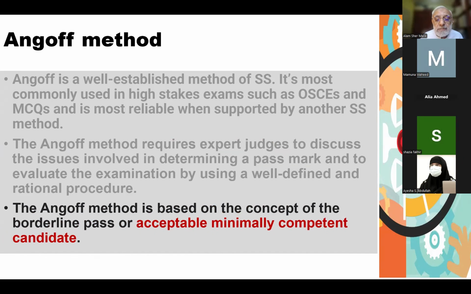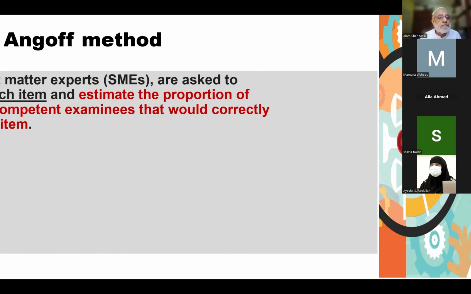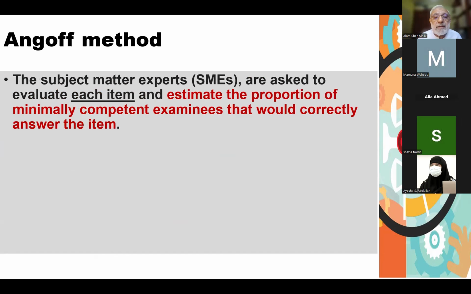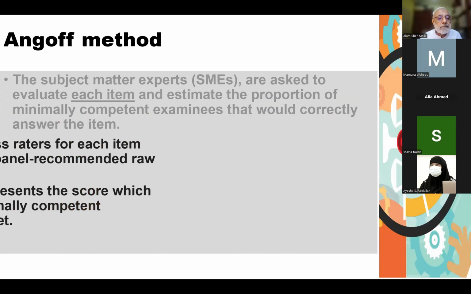The Angoff method is based on the concept of a borderline pass or acceptable minimally competent candidate. The subject matter experts are asked to evaluate each item, as we did above, and estimate the proportion of minimally competent examinees that would correctly answer the item.